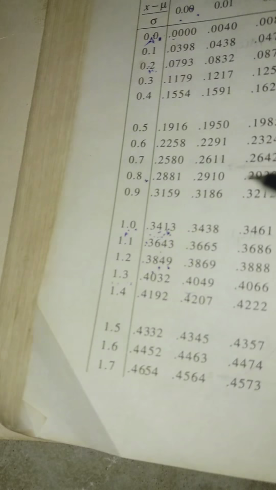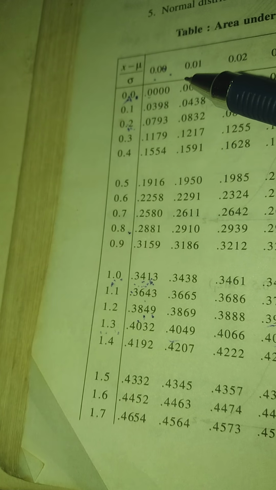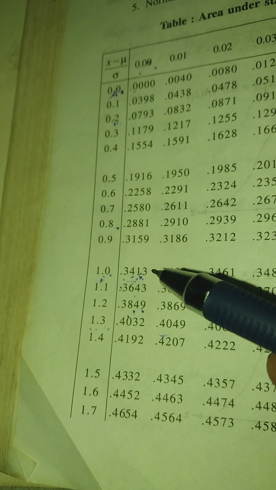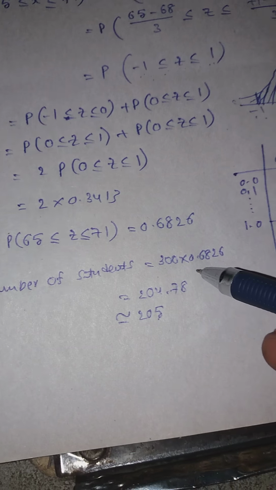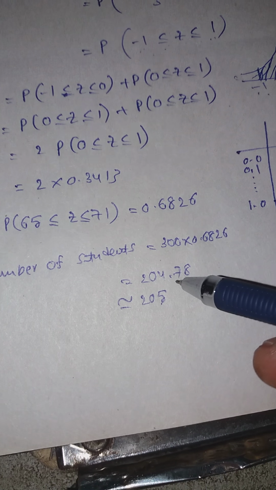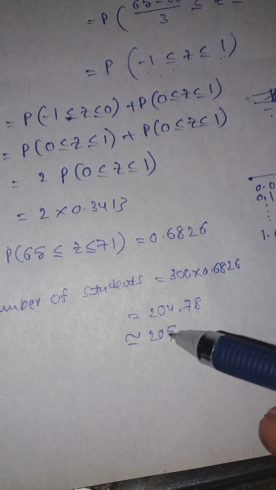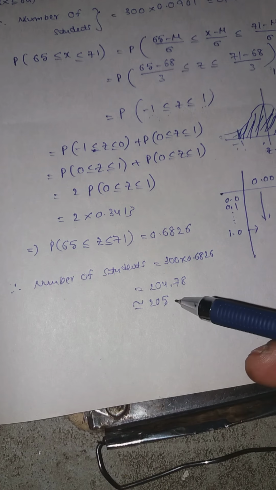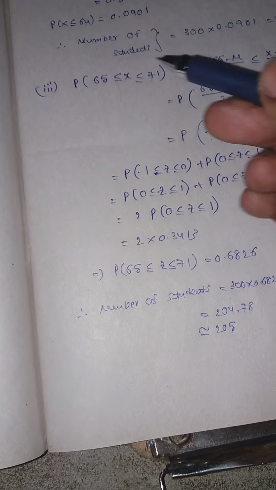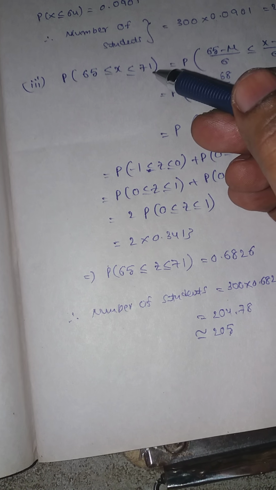Where is 1.0? Here, and 0.00 here. 0.3413 is the answer, which I have written. I calculated the probability and multiplied with 300. The answer is 204.778, which rounds off to 205. That means out of 300 students, 205 students have masses between 65 and 71.